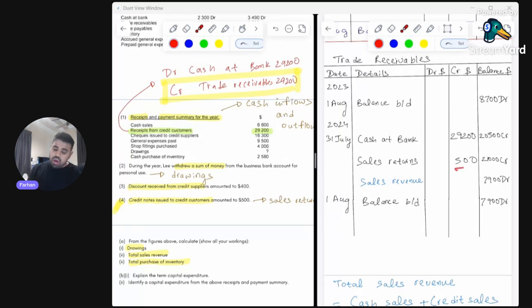So that is why $500 is recorded on the credit side, with the relative cross-reference being the sales returns account in the details column. Now, 500 credits gets added to the previous ending balance of 20,500 credits. Obviously, they're both credits, so we are adding them, which gives us a final balance of $21,000 credit. Okay? All right.